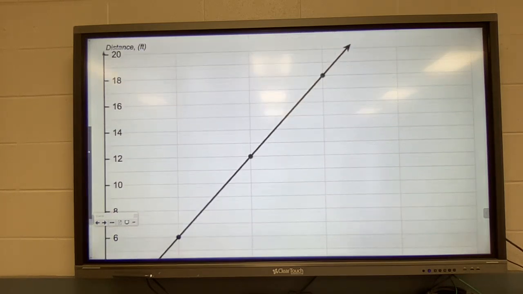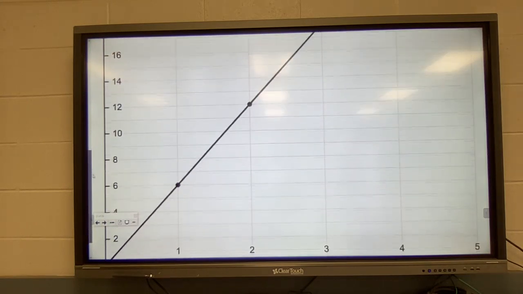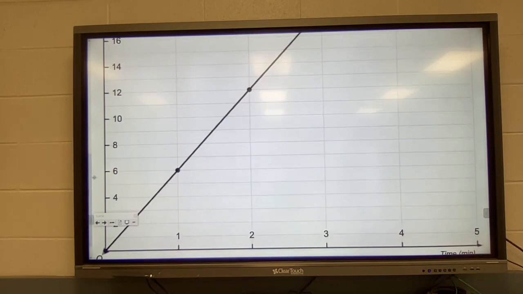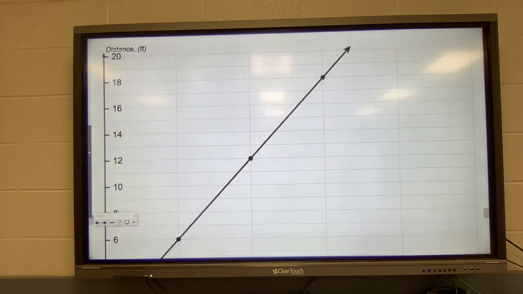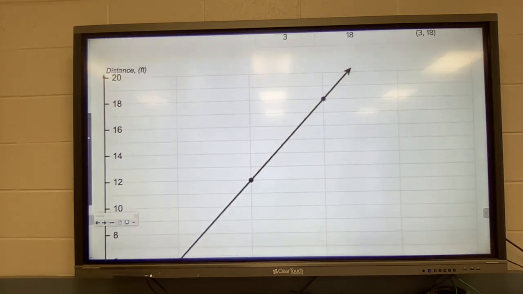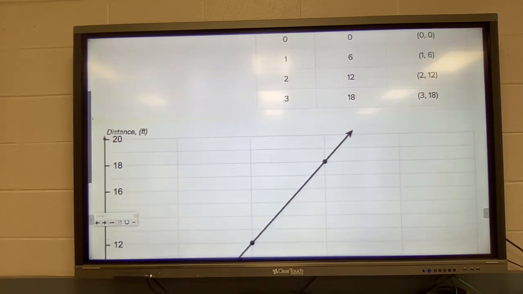All right, and so look how it is going through the origin, which would be here. And then for 1, I have 6. Okay. For 2, I have 12. And for 3, I have 18. And so on. So it is going in a proportional manner, and that shows a proportional relationship.